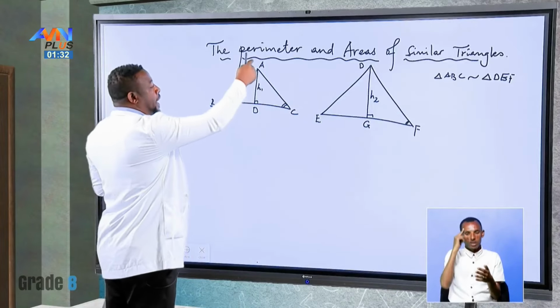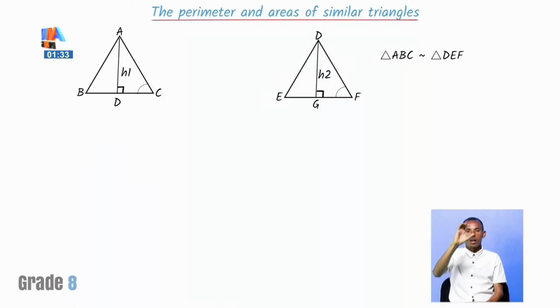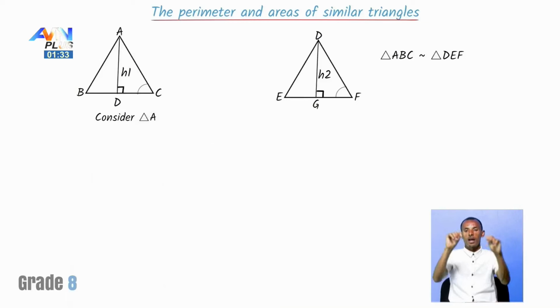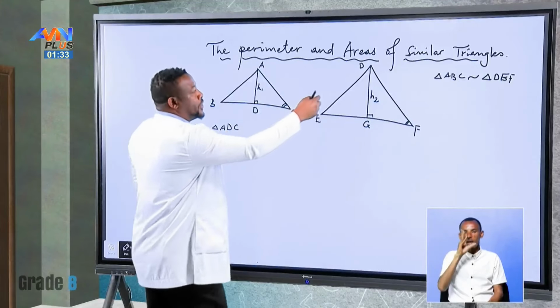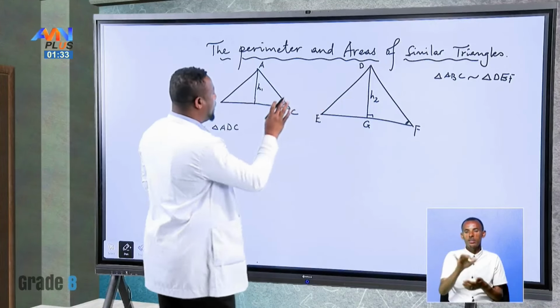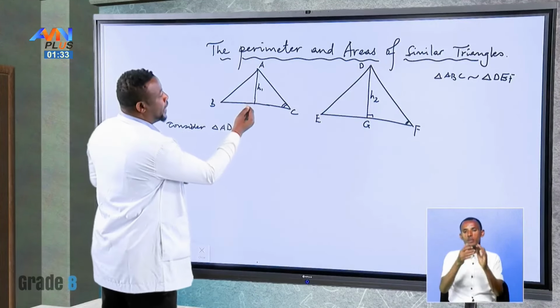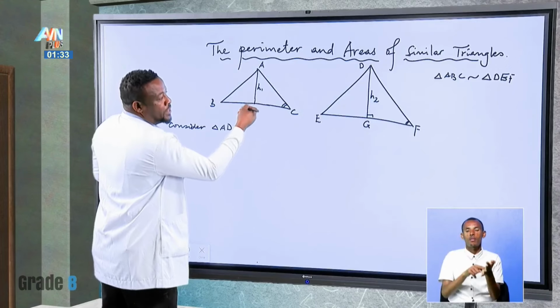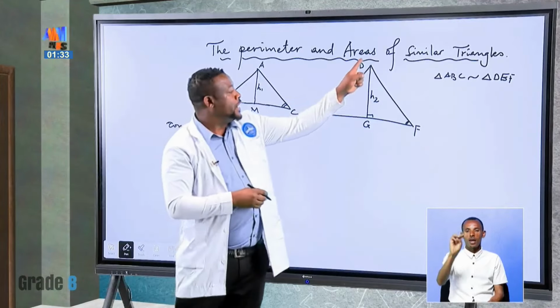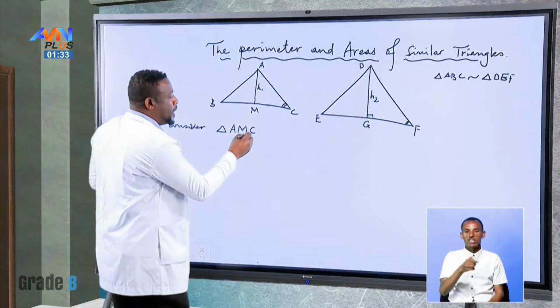Consider triangle ADC, and, to avoid similar notation, let me change this point to a certain point, say M. Now I need you to consider triangle AMC and DGF, okay?